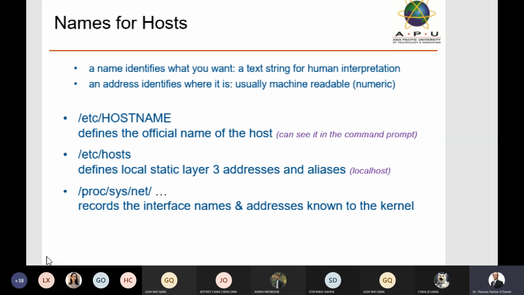There's another one, and again, etc is the folder or the directory in Linux speak, folder in Windows speak. etc hosts is different. etc hosts is for static mapping of an IP address to a name, okay?